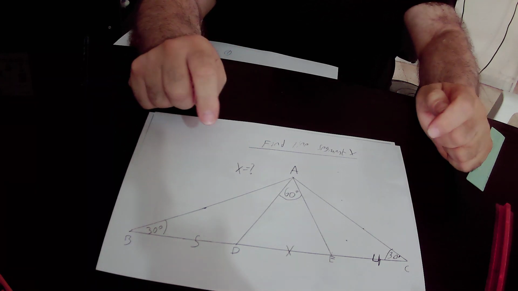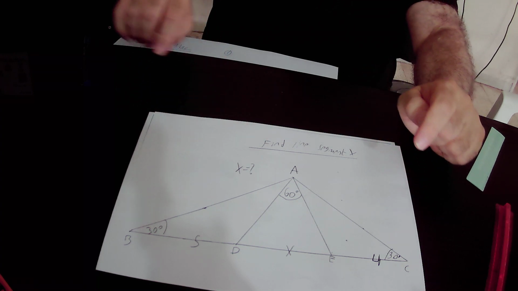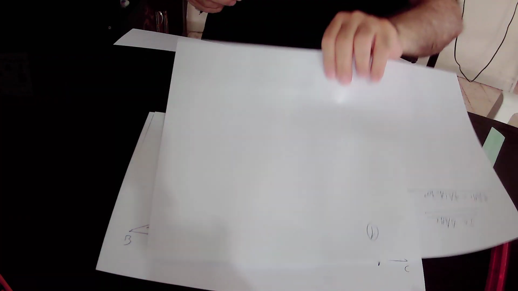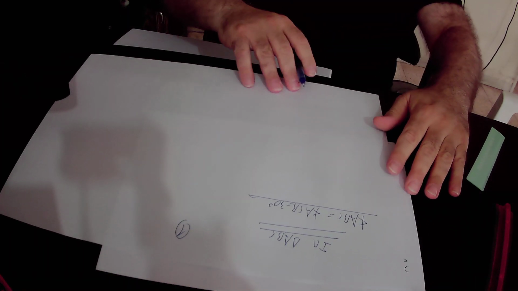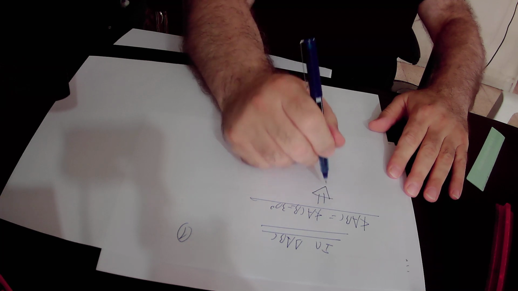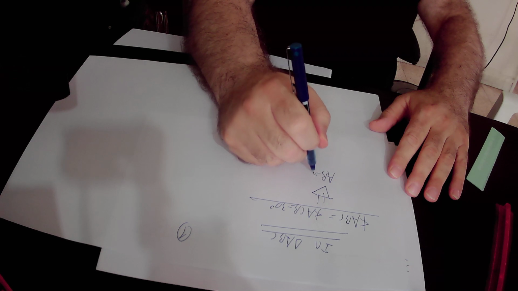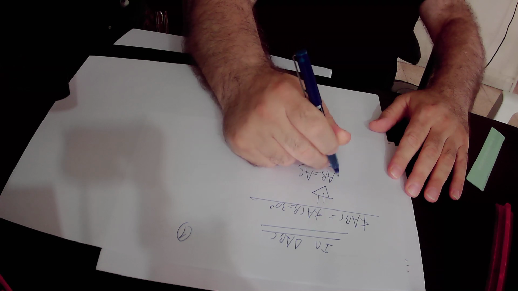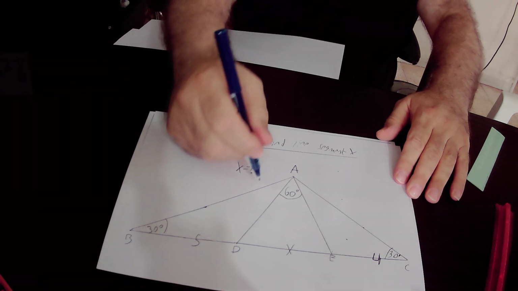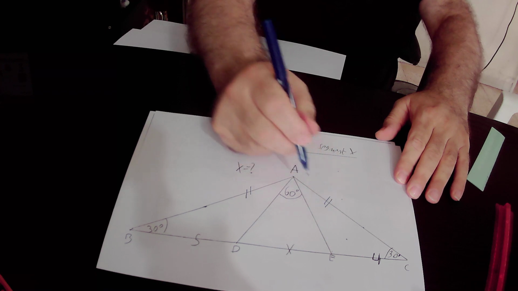And according to the rule that I mentioned, side AB equals side AC.